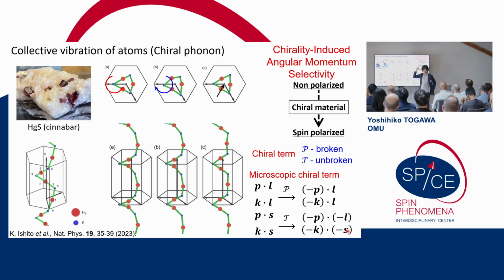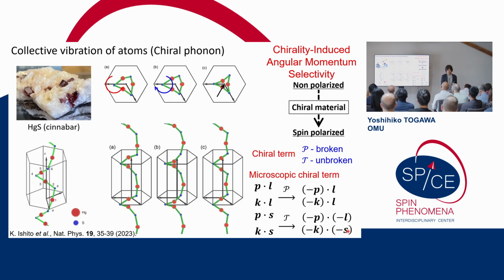Another important thing is that at different locations within the unit cell, they have a phase difference. That's why they obtain a wave number, and at the same time they show circular motion. So in this case it is K dot L, a really nice quantity to explain the essence of the chiral phonon.